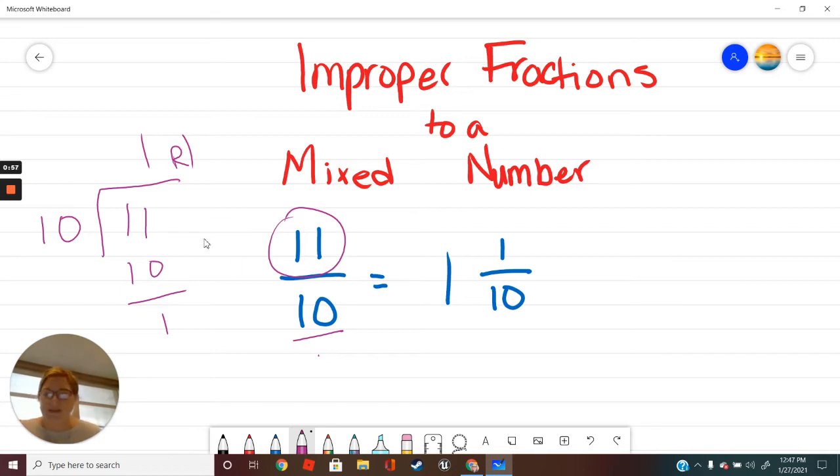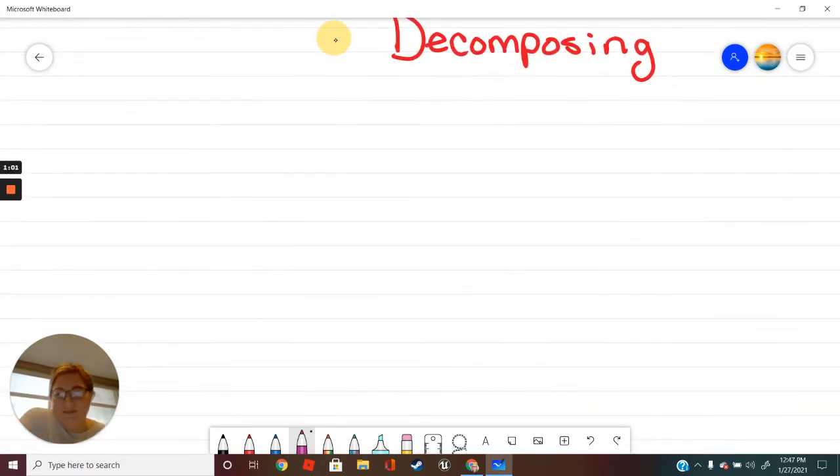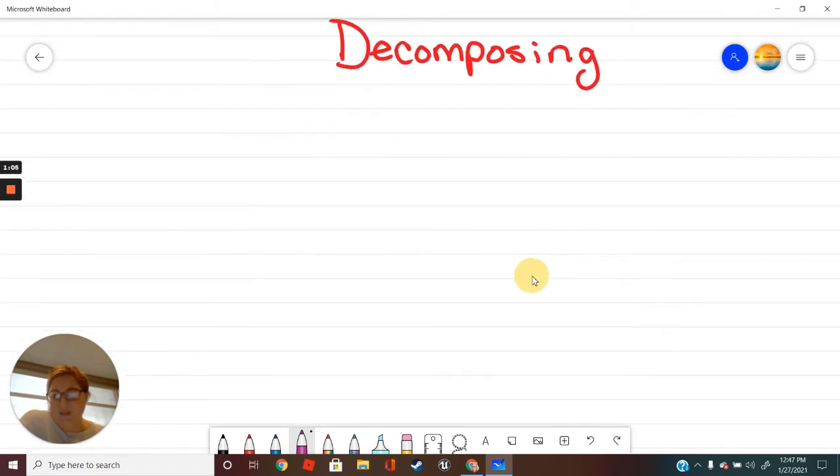But first I'm going to talk to you about decomposing fractions. Decomposing fractions means that we are taking the fractions and separating them apart. So if we had 11 tenths, this is equal to 1/10, 11 times.